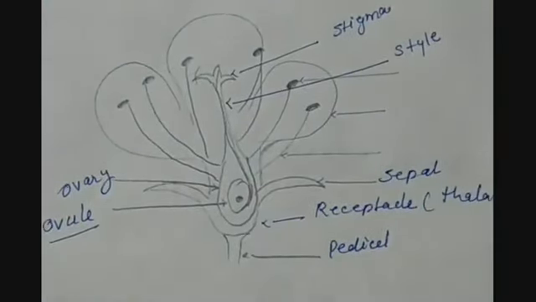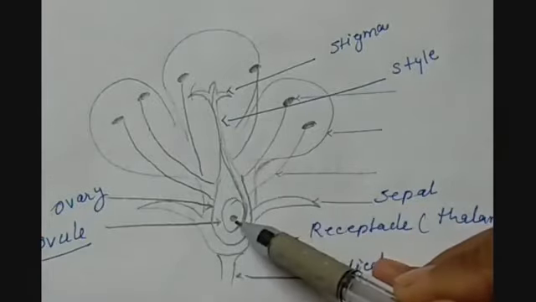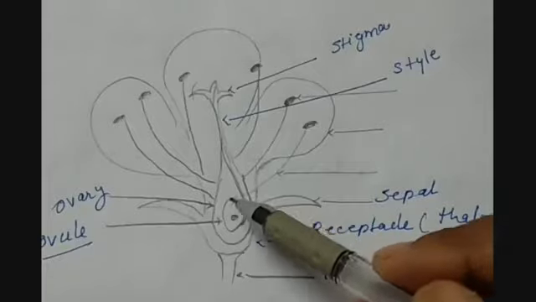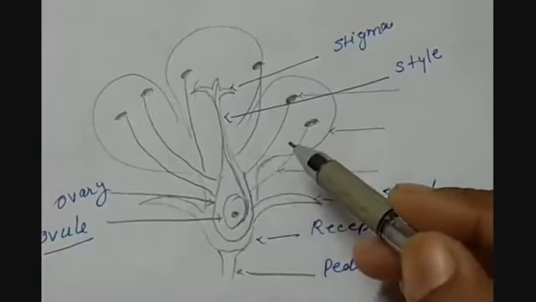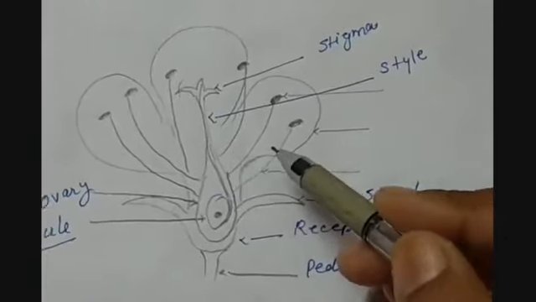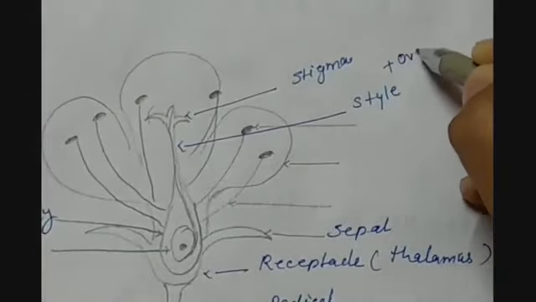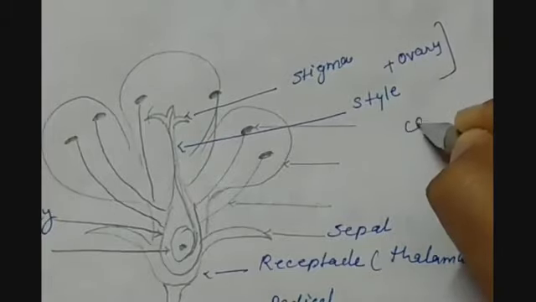Then this stigma, style and ovary are the female organ system, the female sex organs of the flower. That is why together they are called stigma, style and ovary. Together they are called carpels.